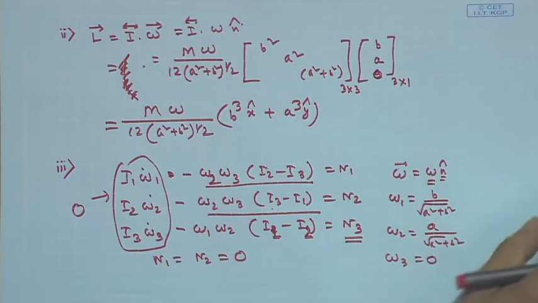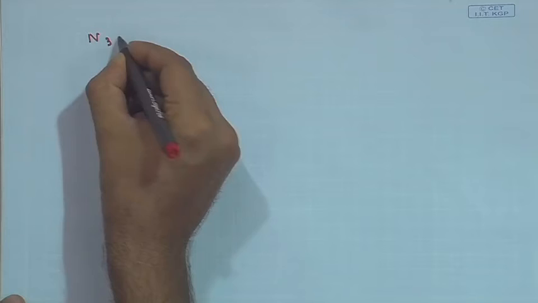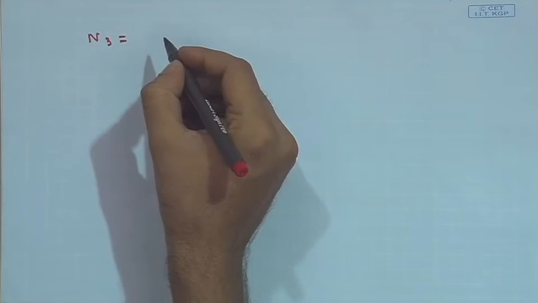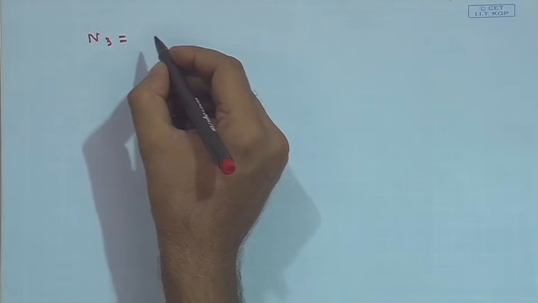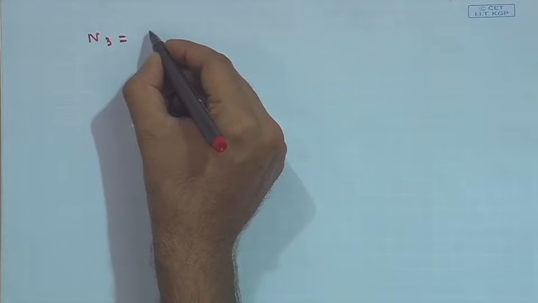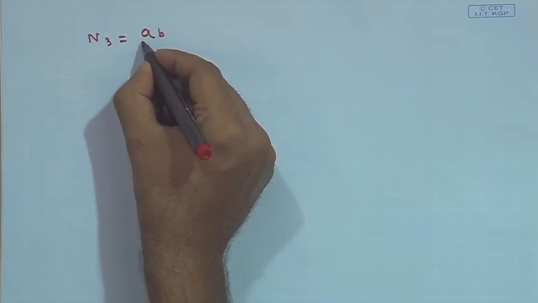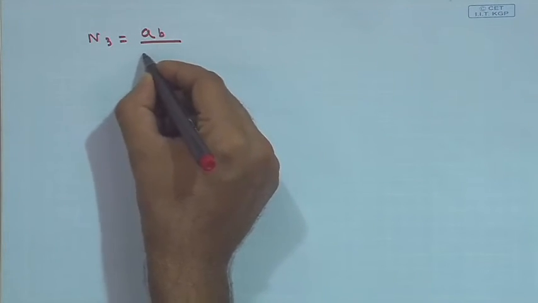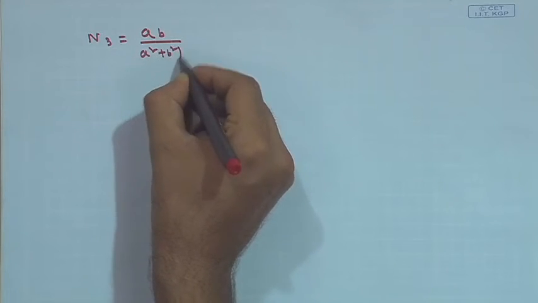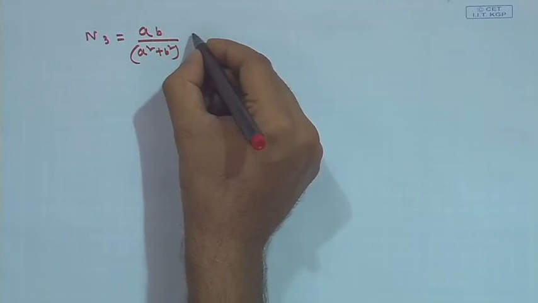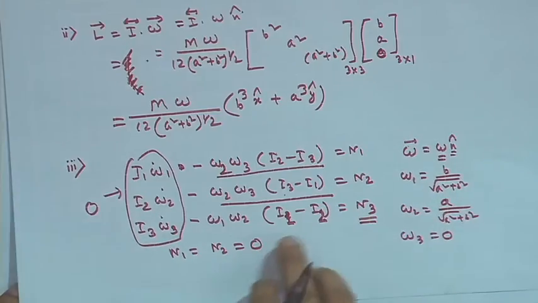So for n3, we just have to write out the expression by putting in the values of omega 1 and omega 2, which is ab divided by a square plus b square, and there is a minus sign here, it will be I2 minus I1.